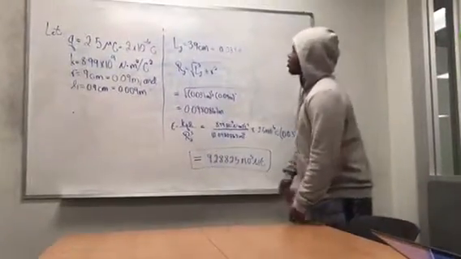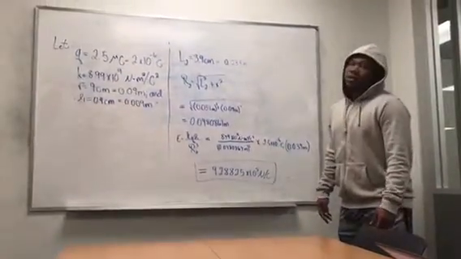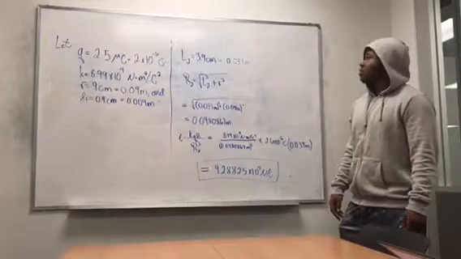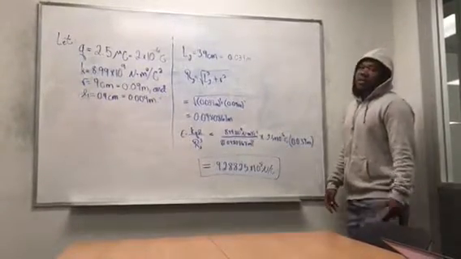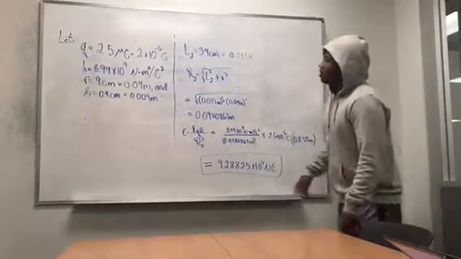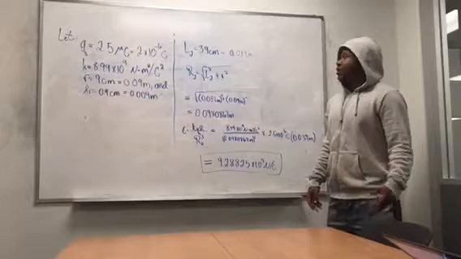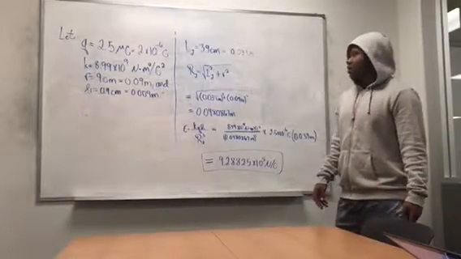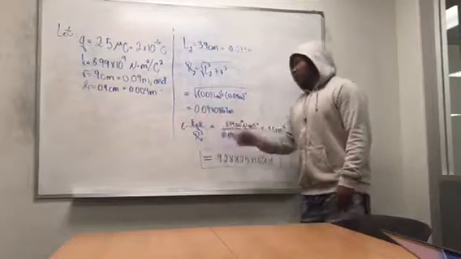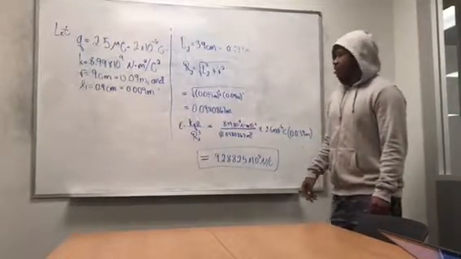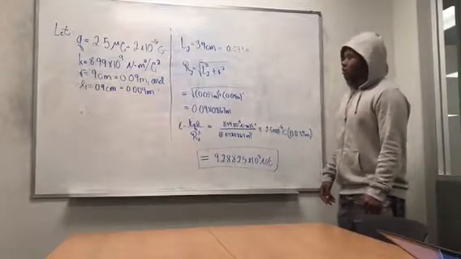Okay, for the next question, we're trying to find the electric field at L2, which is 3.9 centimeters or 0.039 meters. First we have to find R2, which is equal to the square root of L2 squared plus R squared. We plug in our givens and we get 0.0980867 meters for our R2.